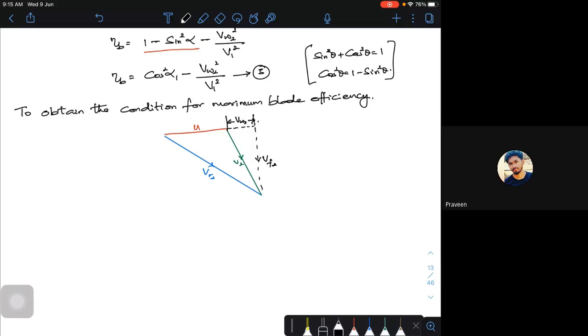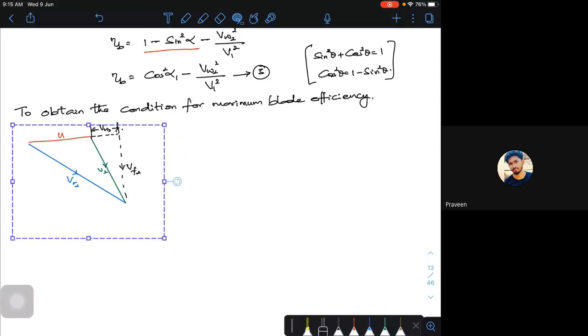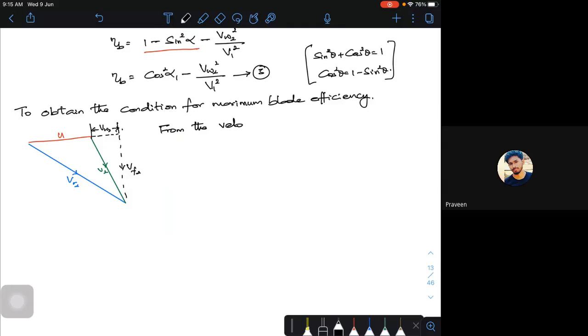Now look at this. When my VW2 becomes 0, look at the velocity triangle at exit.